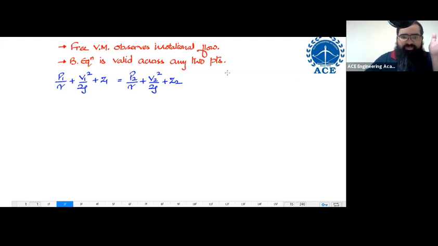Okay. This is regarding the concept of free vortex motion. How the flow is irrotational, you can prove after some time. I'll give you a particular equation, and from that equation you can prove the flow is irrotational.